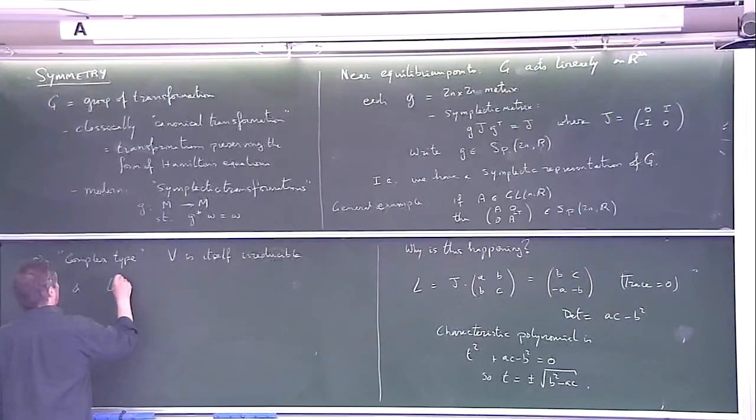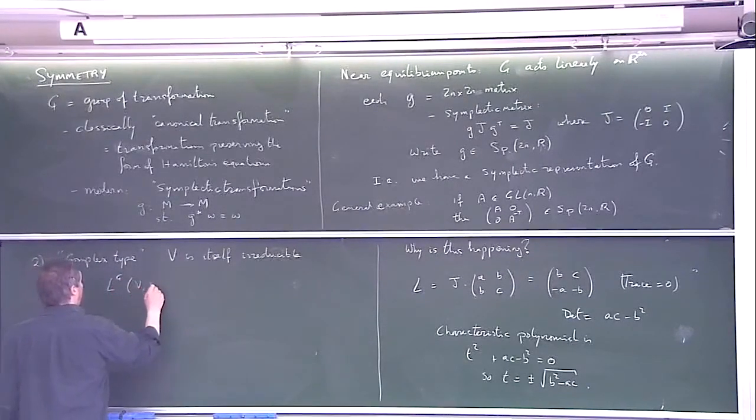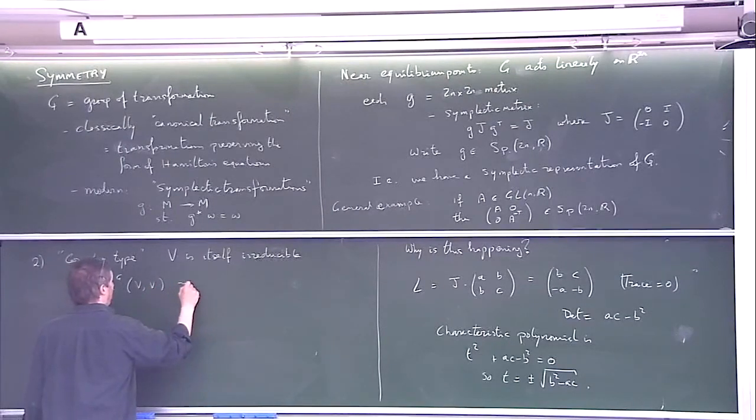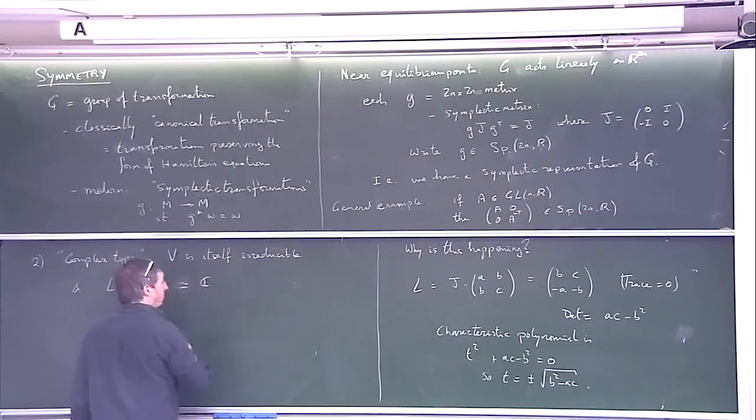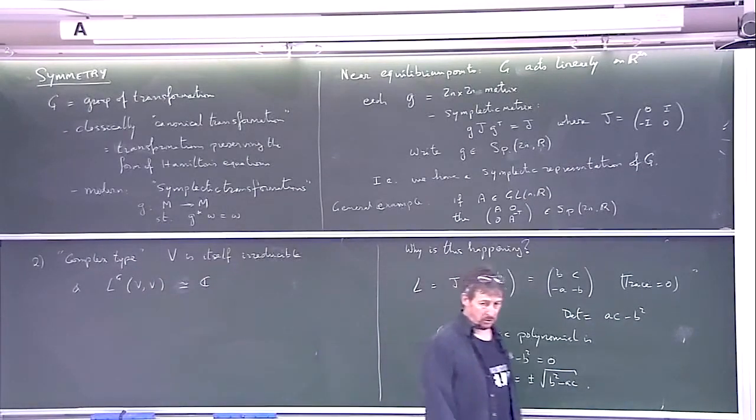And LG on V, well, it's isomorphic to the complex numbers, which is why it's called complex type.